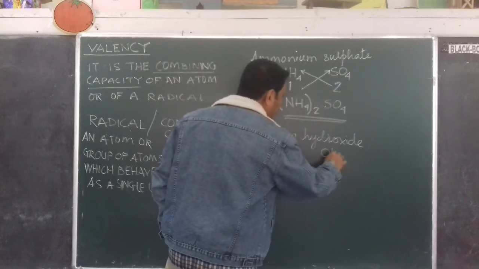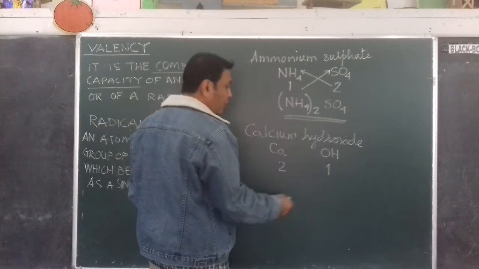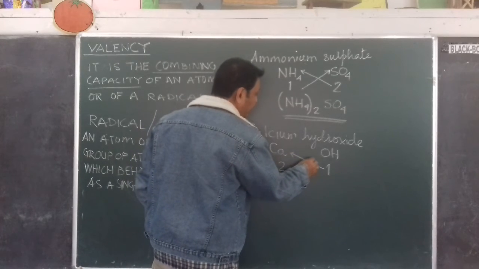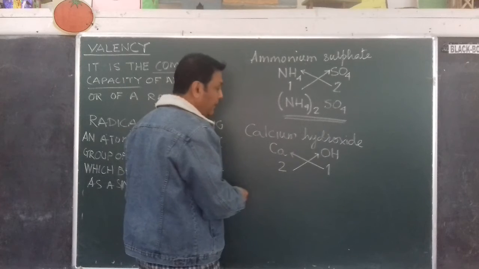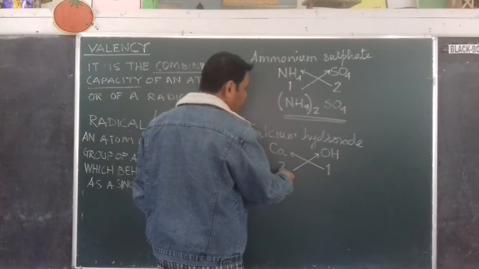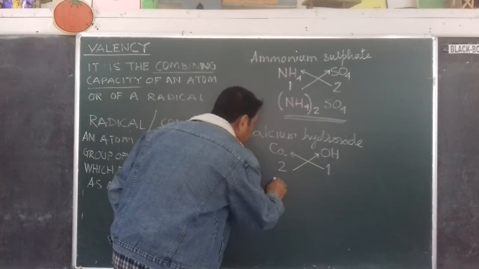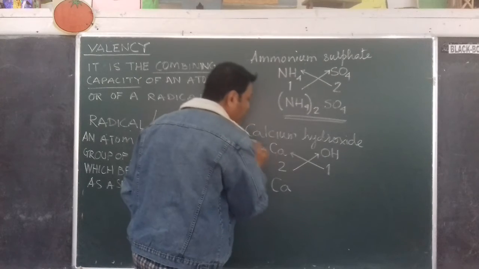Hydroxide, OH, valency is 1. So again, we exchange the valency. So valency of OH, which is 1, will go to Ca, and valency of Ca, 2, we will write with OH. So Ca1, no need to write 1.